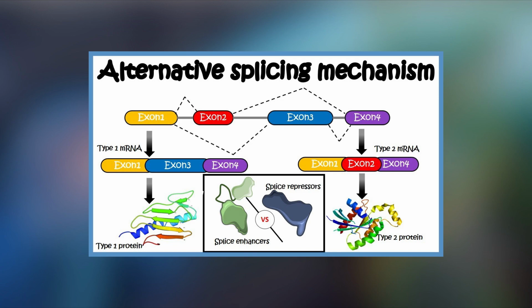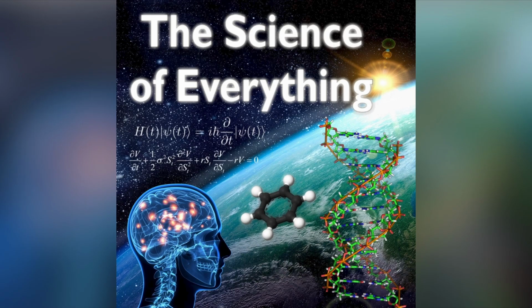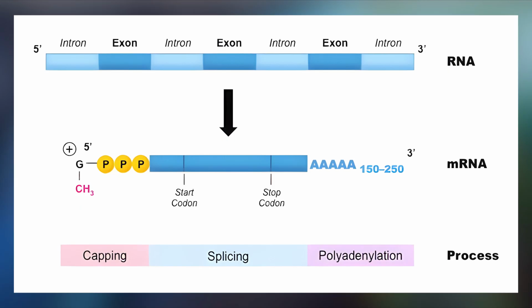There are also two other main post-transcriptional modifications that occur before the mRNA leaves the nucleus. One is capping. Basically, a special altered guanine nucleotide is added on the 5' end of the messenger RNA. The messenger RNA, I should have already said, is just what we call this segment of RNA that is a copy of the information in the DNA.